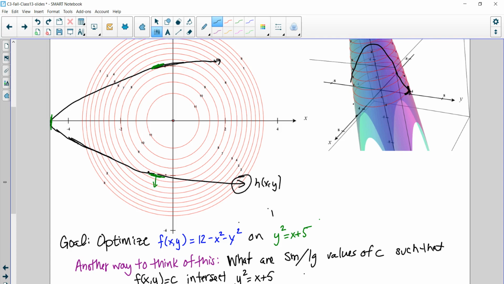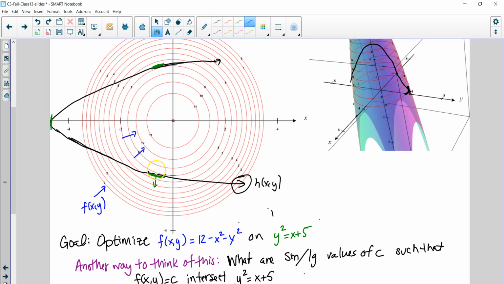I also know, though, from our previous studies that if this is our level set of our function f of x, y, we also know that the gradient of f points in the direction of steepest ascent, or I guess the positive version of the gradient would point in the direction of steepest ascent, or point up the hill.